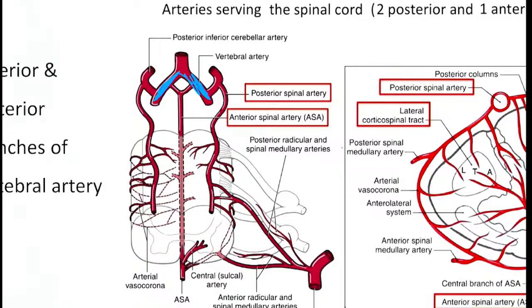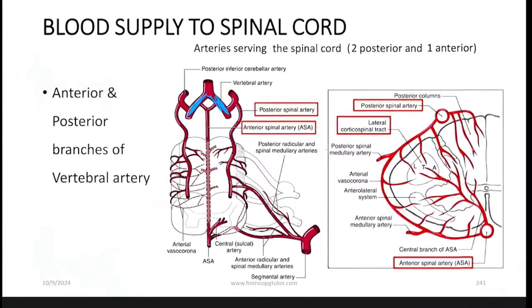And from there we have two posterior spinal arteries. Okay, and in between we have an anterior spinal artery. So these are the main branches that supply the blood to the spinal cord. So what are they? We have two posterior spinal arteries, which are basically branches of the vertebral artery. And one more branch of the vertebral artery is the anterior spinal artery. Okay, so these are the ones which are going to supply the spinal cord.